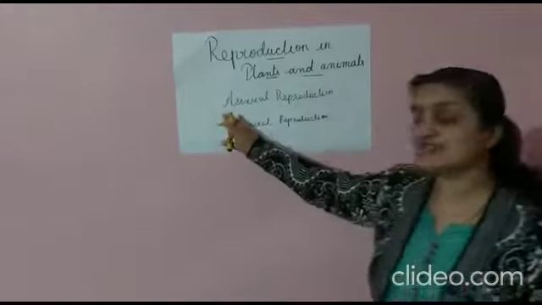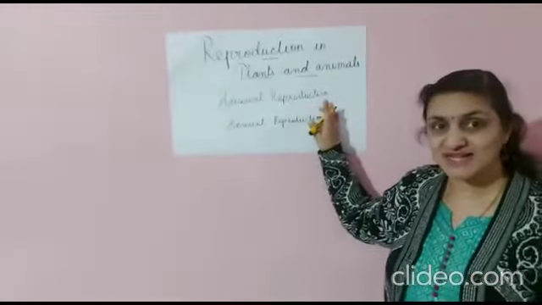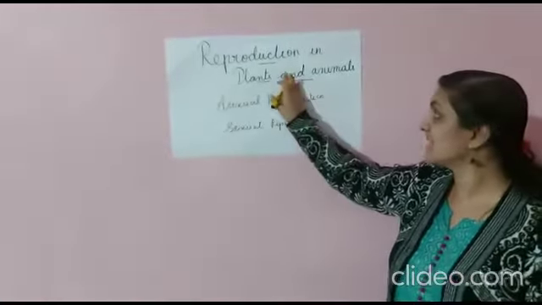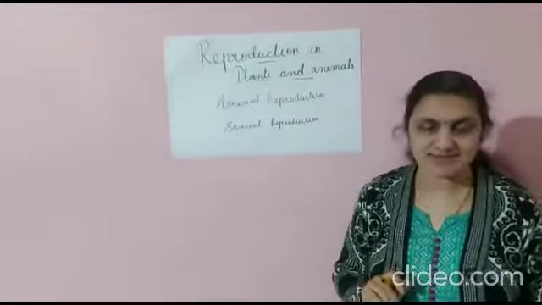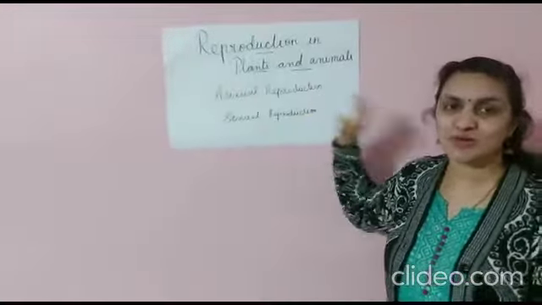So we will go into detail with asexual reproduction, both in plants and animals, as well as sexual reproduction, both in plants and animals. Okay, let's first come to the first topic, asexual reproduction.